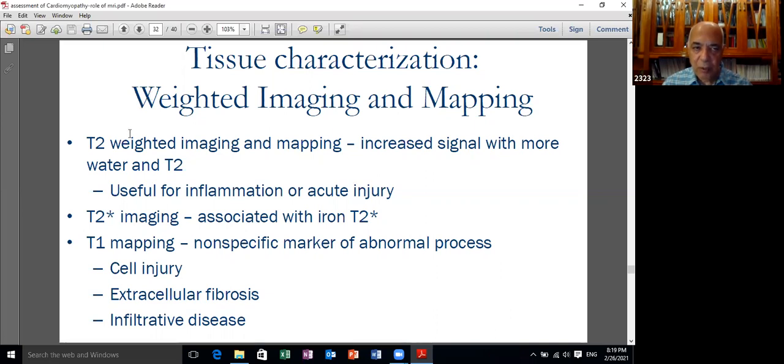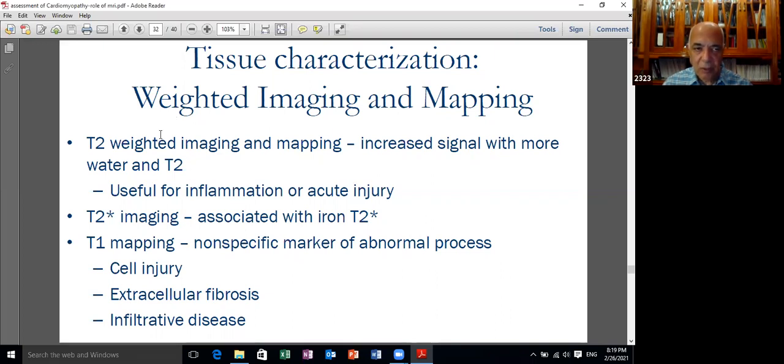So T2 weighted imaging or mapping shows an increased signal in patients who are having a localized water collection, inflammation, or acute injury. T2 star means iron, and I will come to that. T1 mapping is non-specific. It can denote either cell injury, extracellular fibrosis, or infiltrative disease.